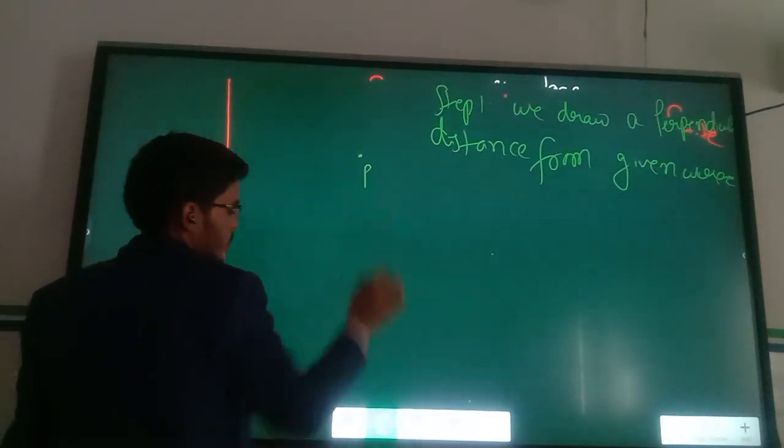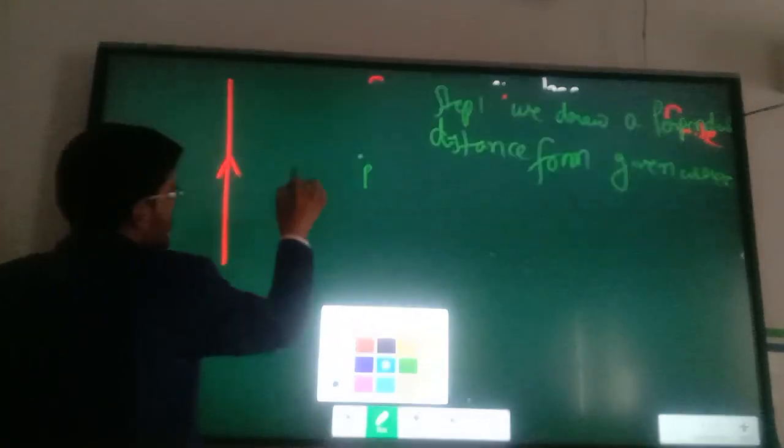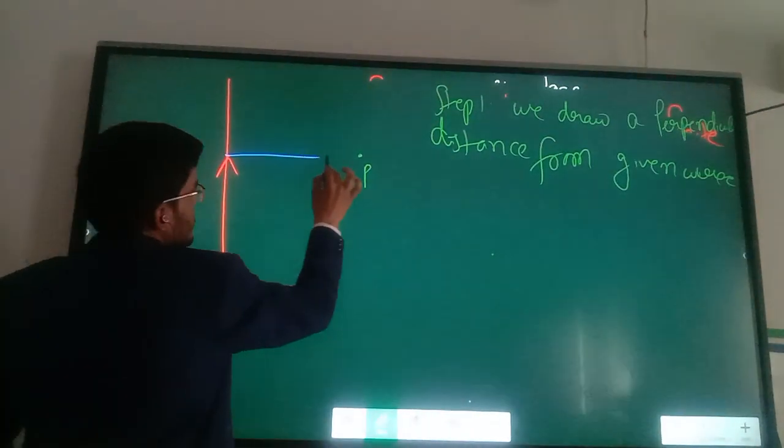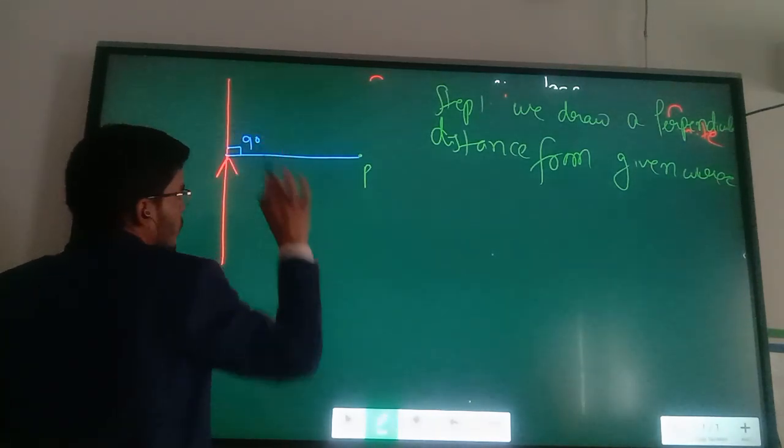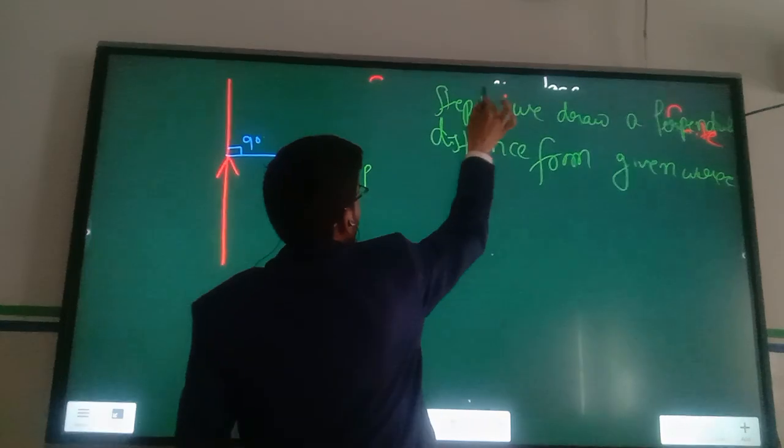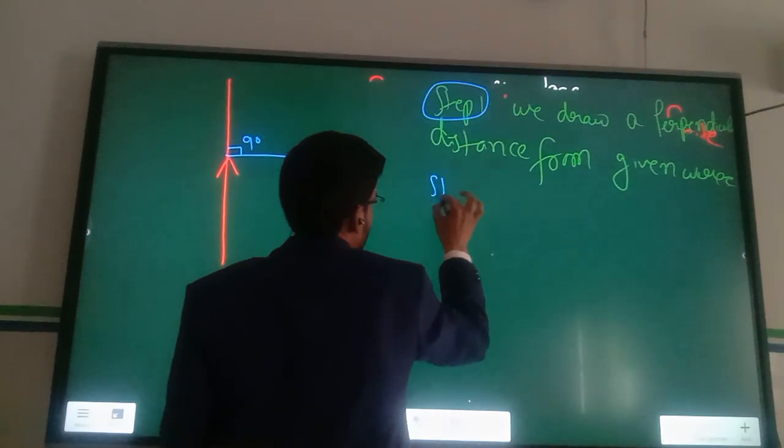Suppose this is point P. Now the perpendicular distance is this, and this angle is 90 degrees.